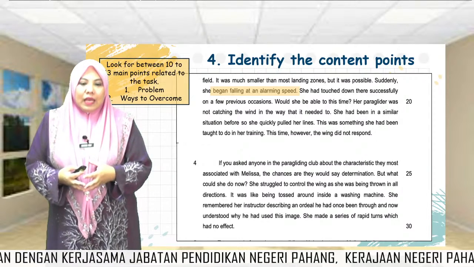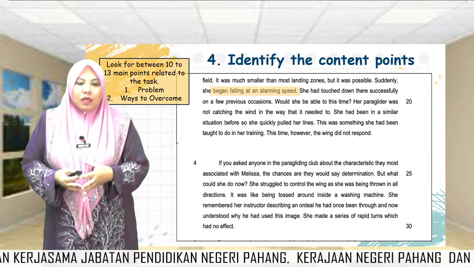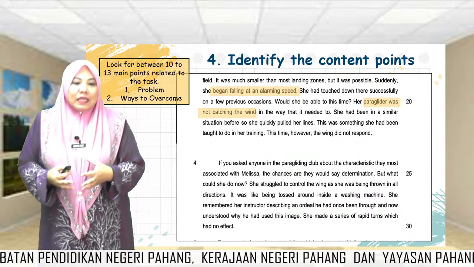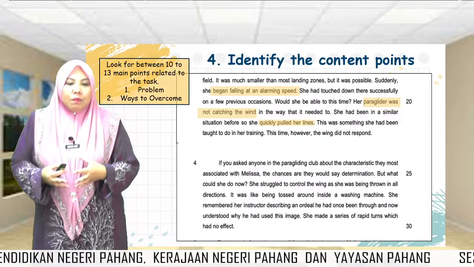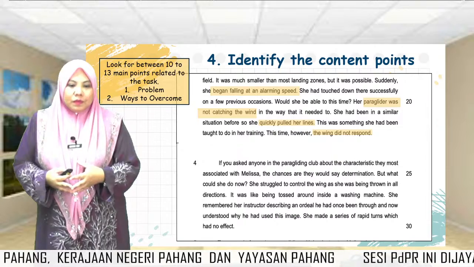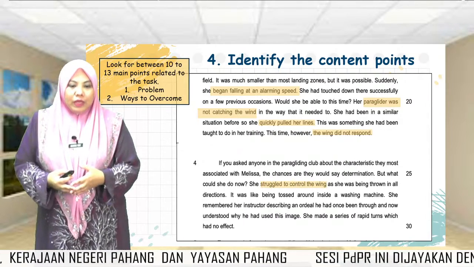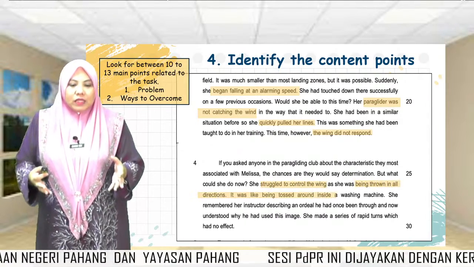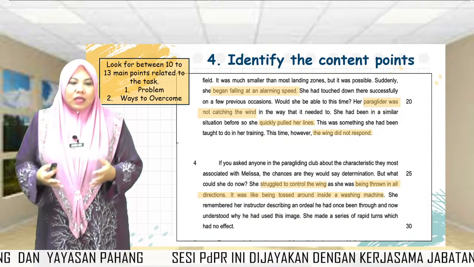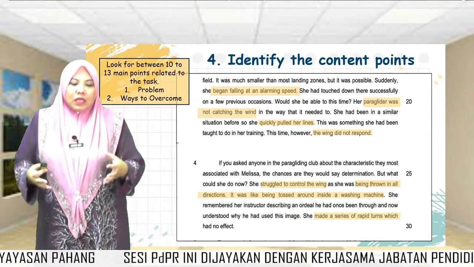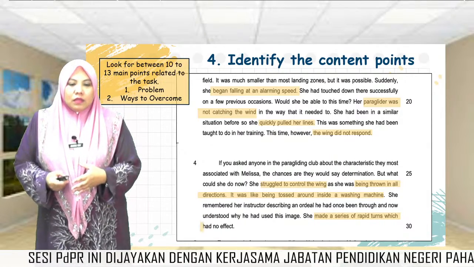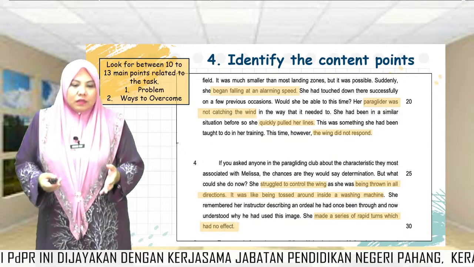Begin falling at an alarming speed. Paraglider was not catching the wind in the way that it needed to. Quickly pulled her lines. The wing did not respond. Struggled to control the wing. Being tossed in all directions, like tossed around inside a washing machine. Made a series of rapid turns, which had no effect.